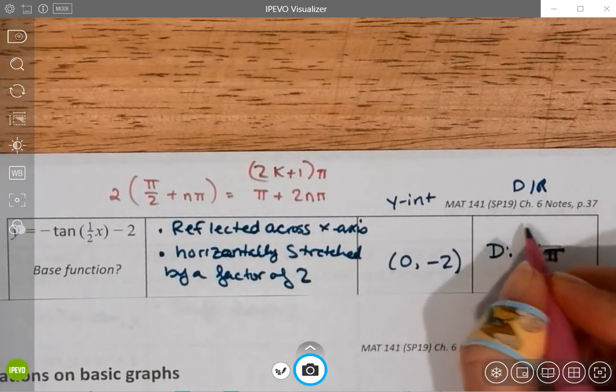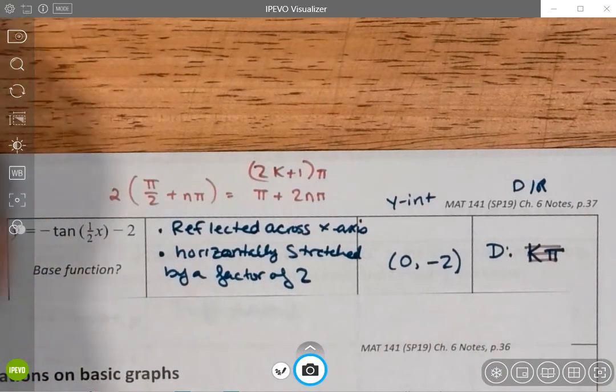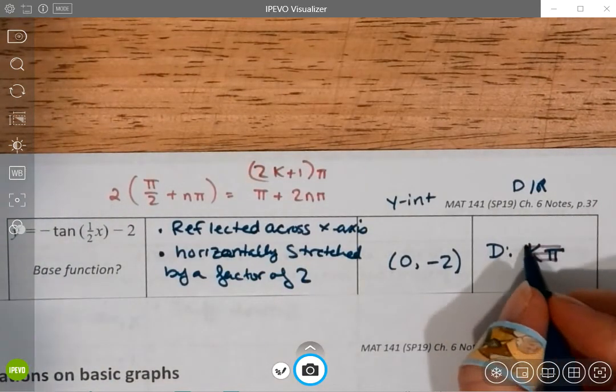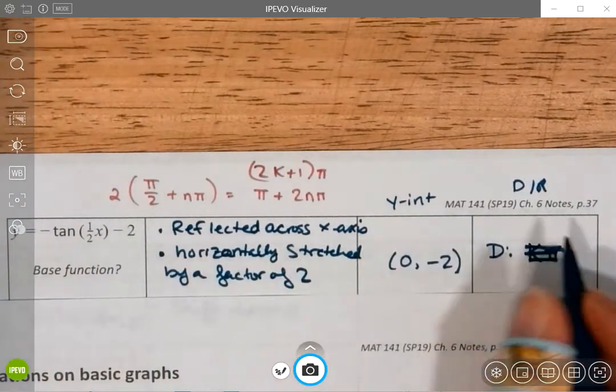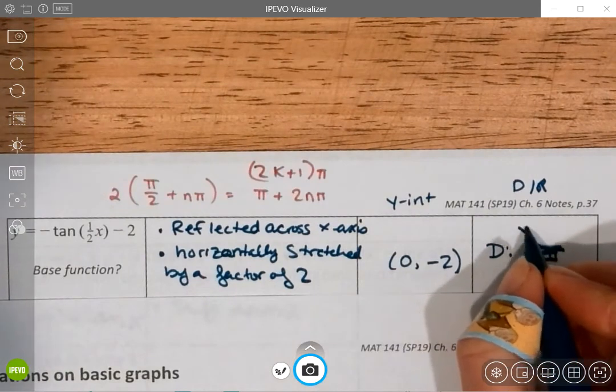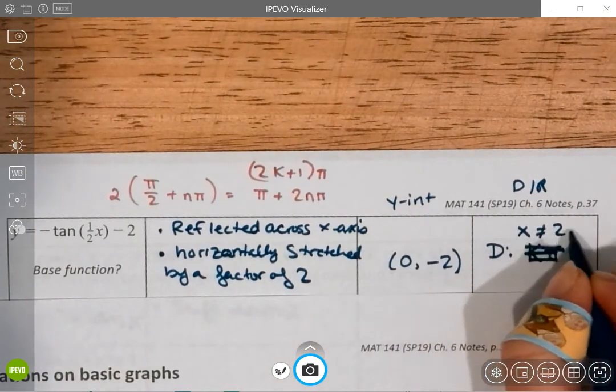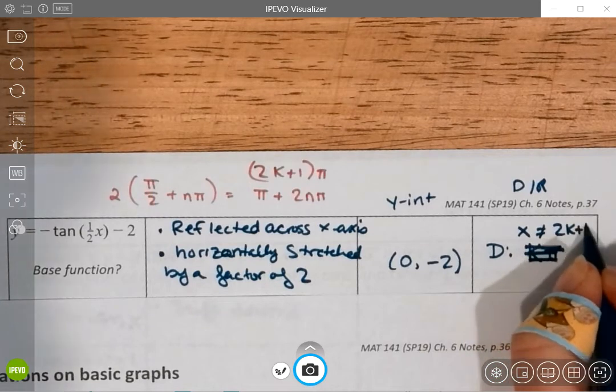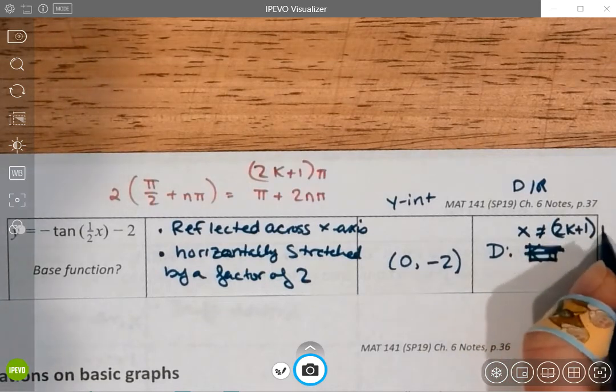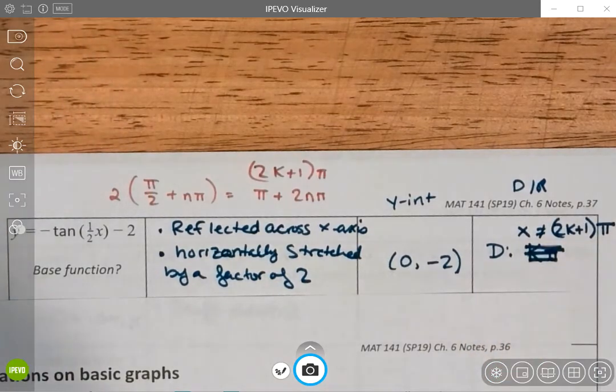So the domain, I forgot to even write the x not equal to, so we just messed that up the first time, but luckily we are able to fix it right here. So this is all x not equal to (2n or 2k plus 1) pi. That's how I would call the odd multiples of pi. So if I double this, it's going to pull pi halves over to pi.